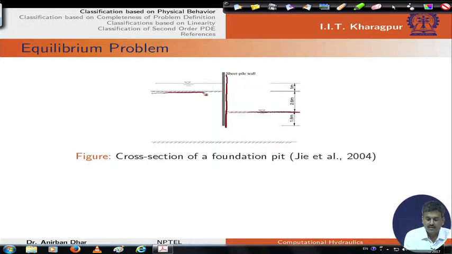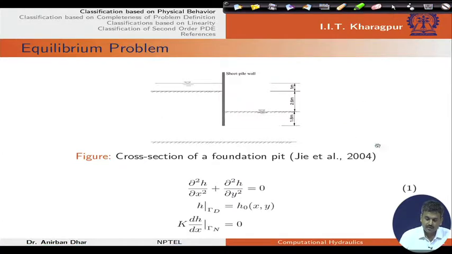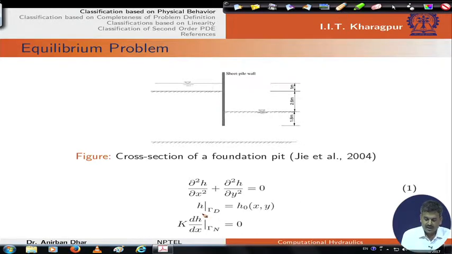Obviously there will be flow from left to right, and this problem can be defined in terms of the governing equation, that is del 2h by del x2 plus del 2h by del y2, which is actually the Laplace equation, and in terms of Dirichlet boundary condition and zero Neumann condition.